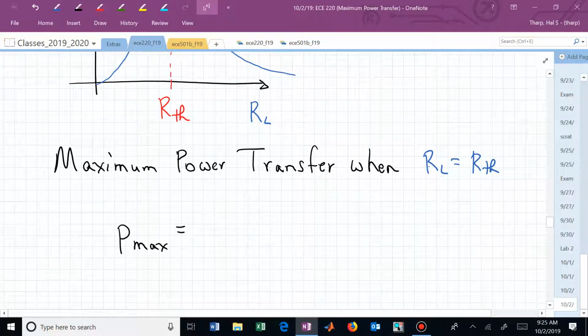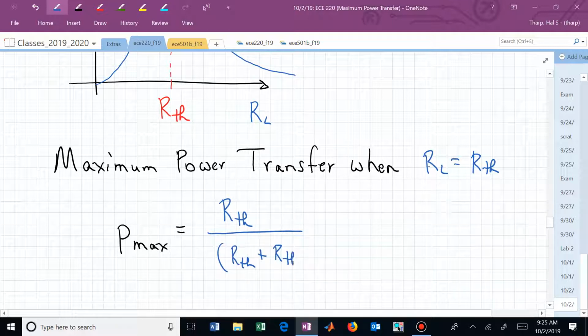for PL. What is now P max when we replace R sub L everywhere with R Thevenin? R sub L was in the numerator, so we put it up there. It was also in the denominator, along with R Thevenin, and then we had V Thevenin squared. But we can simplify that. Now we have R Thevenins in the top and R Thevenins in the bottom.